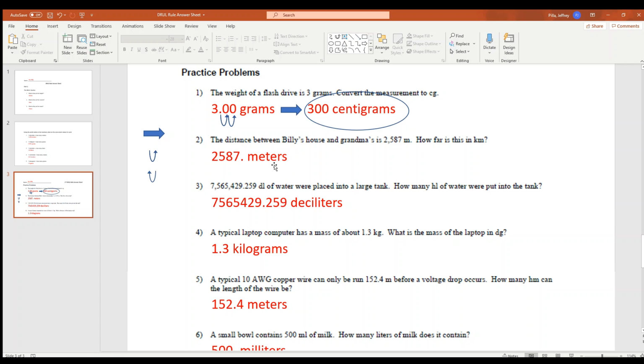So to go from meters to kilometers, you have to go up the staircase. Okay. You have to go up the staircase 3 times. All right. Because we're moving up, we're going to move our decimal to the left. And because we're moving up 3 times, we have to move our decimal to the left 3 times. Okay, so we're going to need this arrow here.